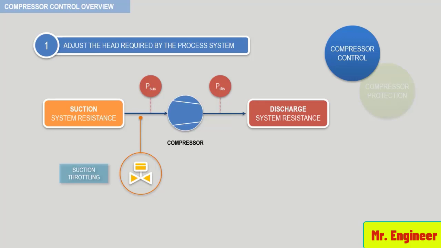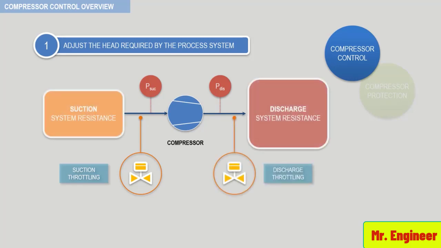We will demonstrate that this method of increasing system resistance is less energy exhaustive and will result in lower operating costs than in the case of the discharge throttling. An important fact to remember here is that both cases increase the system resistance.